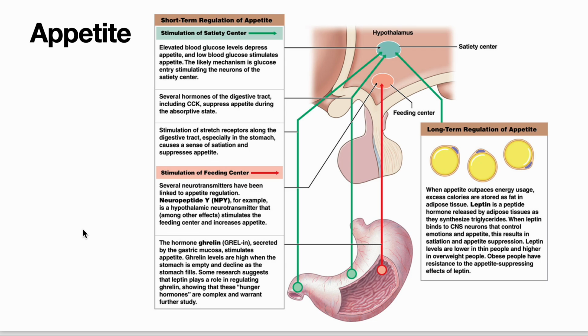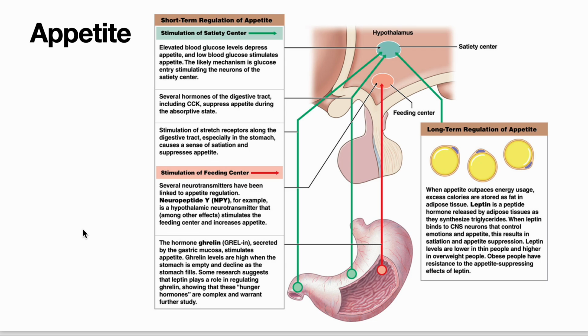And the idea is that leptin should suppress your ghrelin. So if you have a lot of adipose tissue, it would suppress ghrelin so that you're not as hungry, because basically your fat cells are saying, hey man, we got plenty of fat. Why don't we just use up this fat instead of eating some more, right? I mean, this makes sense.